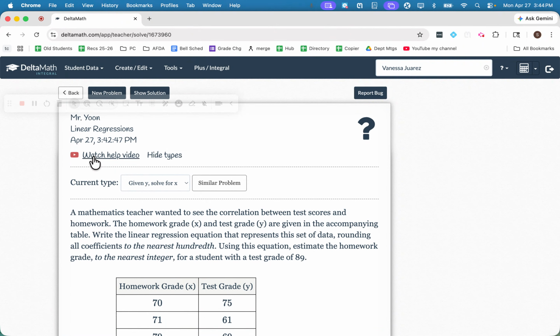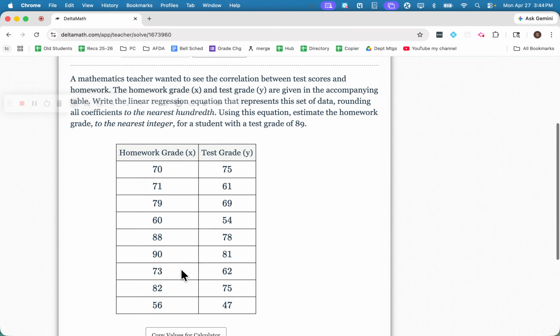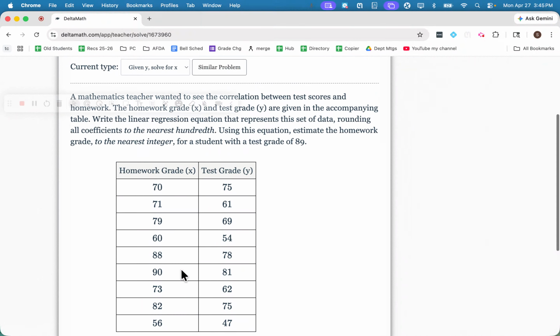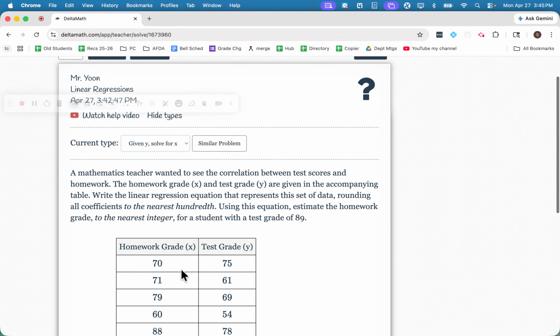Okay, we're going to do something called linear regressions. Linear regressions is basically trying to draw the best line you can on a graph that matches these x's and y's. But these x's and y's represent real things.